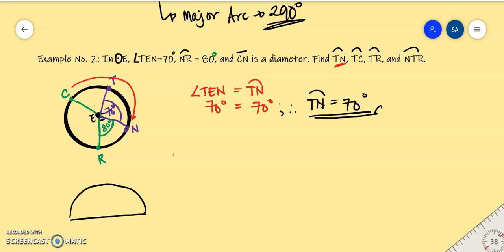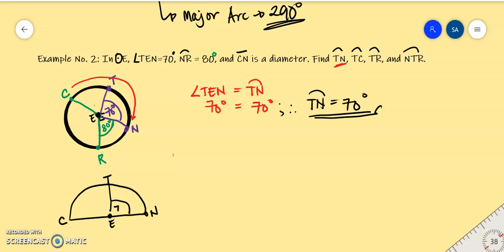Okay, suppose that is a semicircle. So you have C, your center E, and then you have the line T over here, and CN. Take note, given that line CN is the diameter.